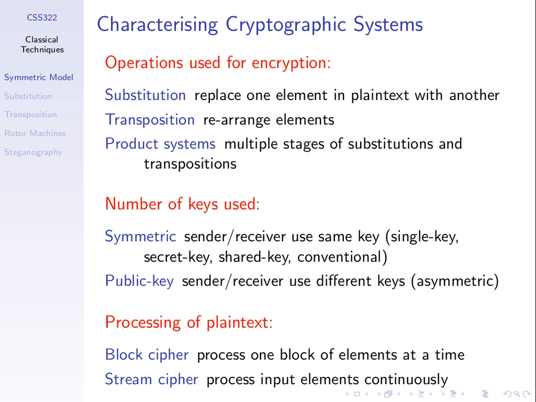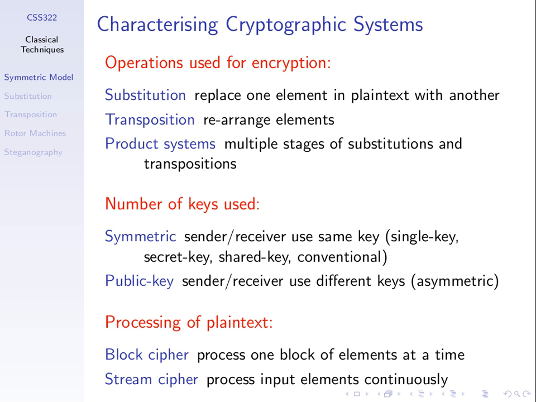It's been around for thousands of years. An alternative, which we'll eventually look at, is public key encryption. The sender and receiver use different keys. We refer to that as asymmetric encryption. That was developed not so long ago, tens of years ago. We're going to focus on symmetric for now.